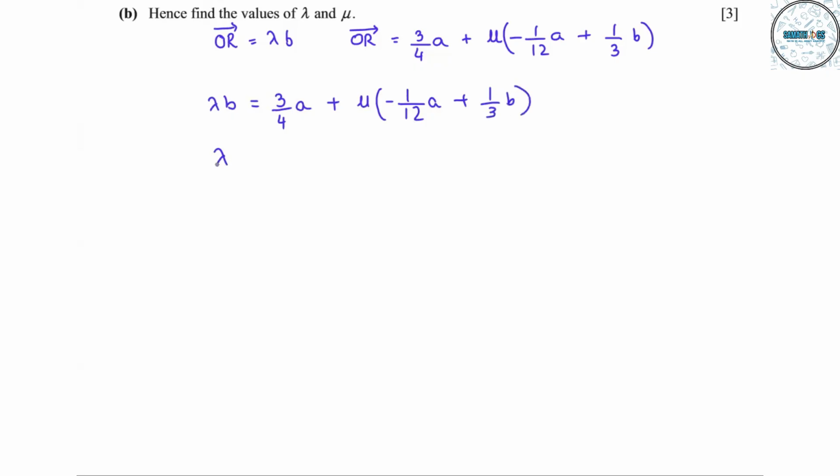So lambda b is equal to 3 upon 4 a minus 1 upon 12 mu a. We will multiply mu by a, mu by b. So this will be 1 upon 3 mu b.